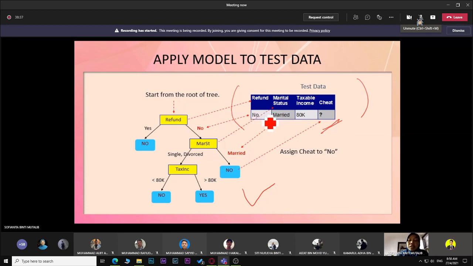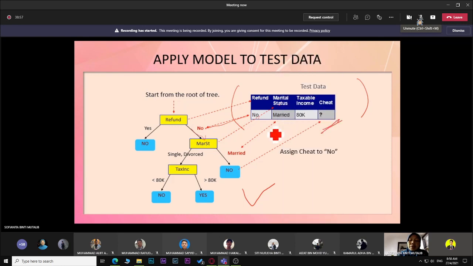Firstly, for the refund: if refund equals no, it will go here, and check the value is equal to no, so it will go to this route. And then let's have a look at the marital status.